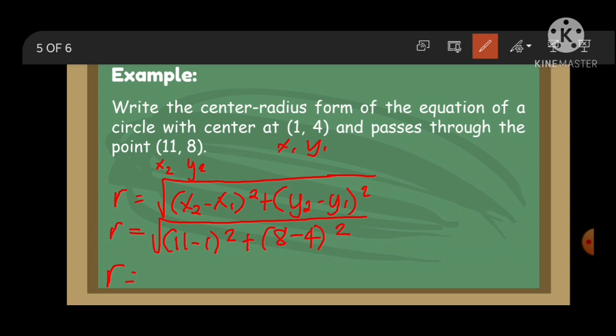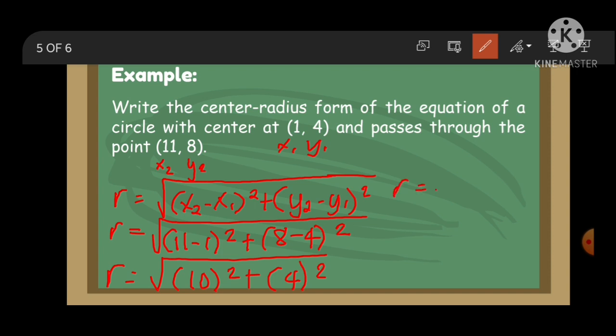So r is equal to the square root of 11 minus 1, which is 10. So we have 10² plus 8 minus 4, which is 4². Then after that, we are going to square 10 and 4.